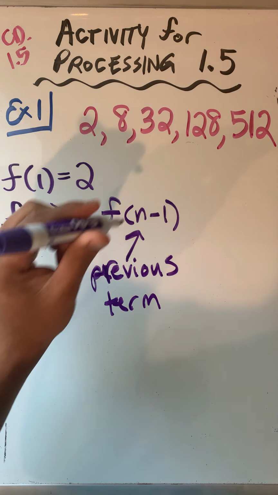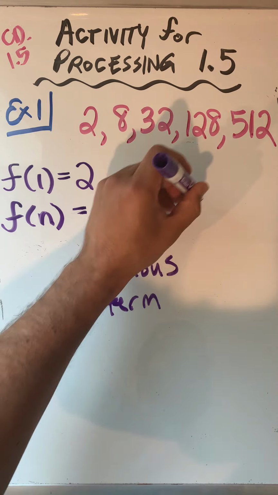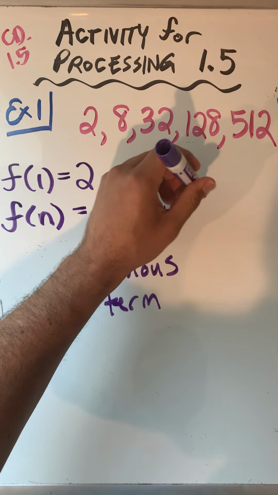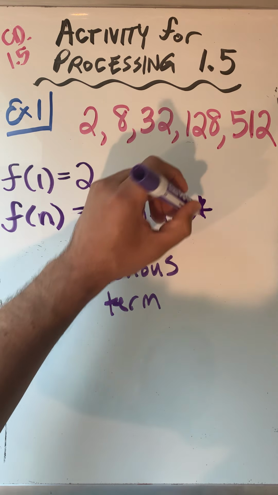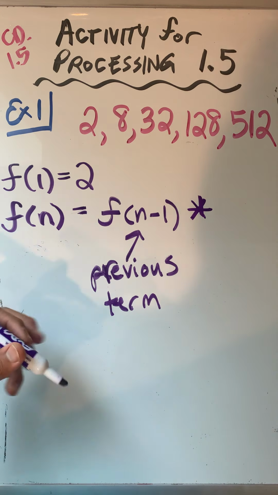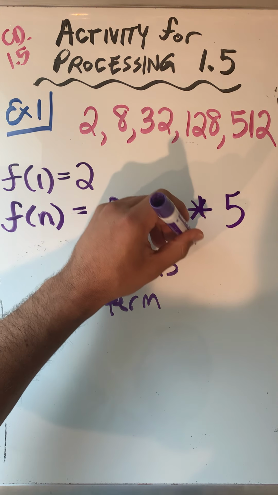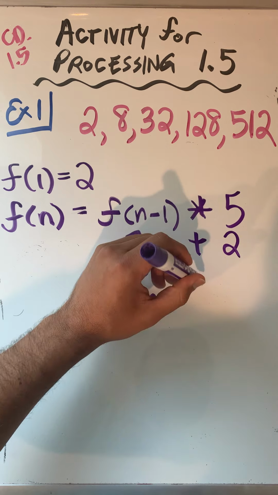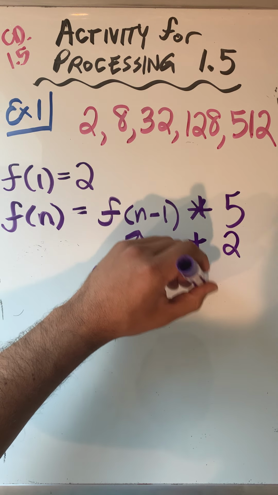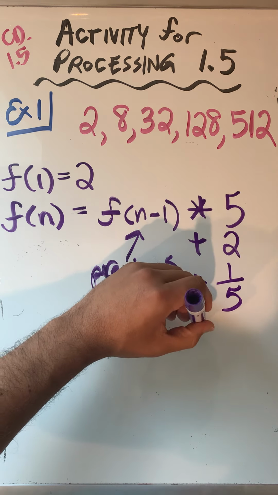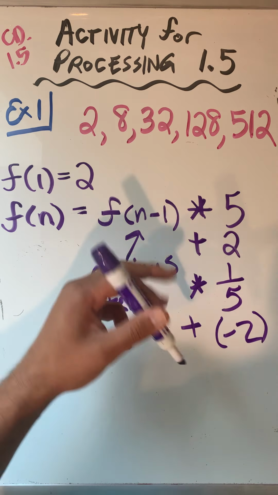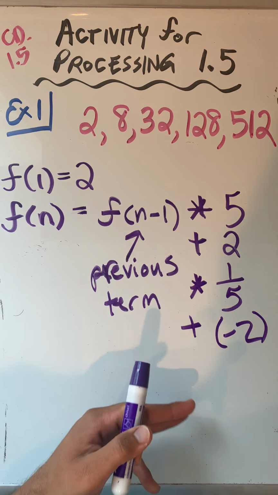And then here in this spot, this is where you put the growth factor. The growth factor, which we discussed, and we also looked at how to find it, can be times 5, it can be plus 2, it can be times 1/5, it can be plus -2, different ways that you can write the growth factor.